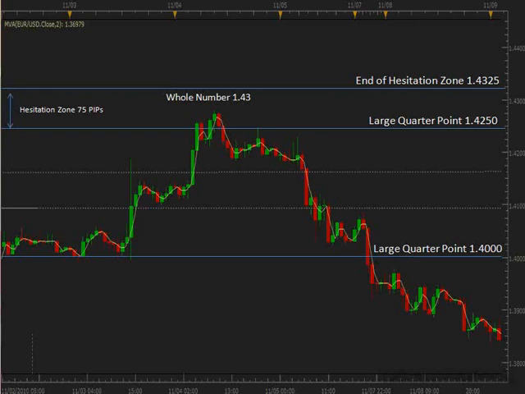So with the Quarters Theory, what I do is I divide these 1,000 pip ranges into 4 equal parts, or 4 large quarters of 250 pips each. And then I propose that currency exchange rates and prices in general do not actually move in a random manner, that there is no chaos and lack of organization, but rather the opposite.